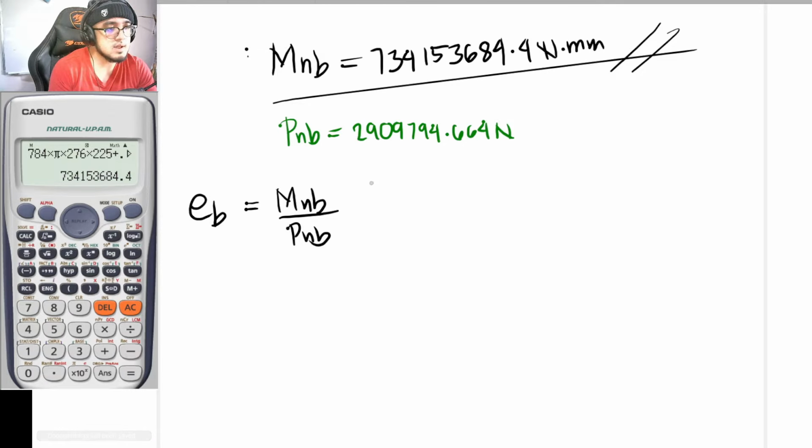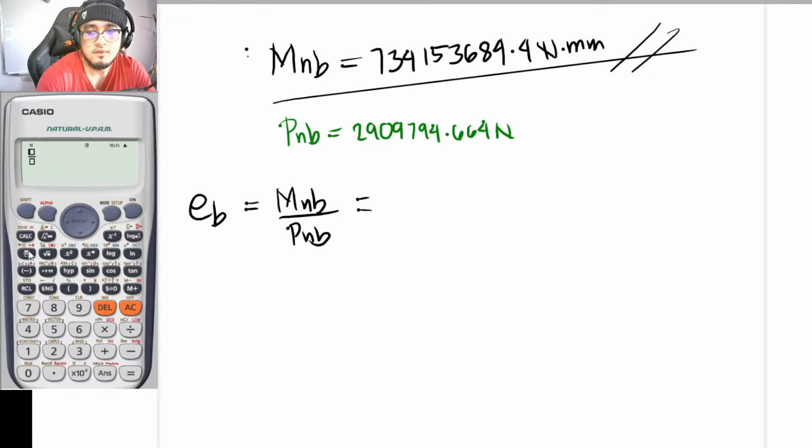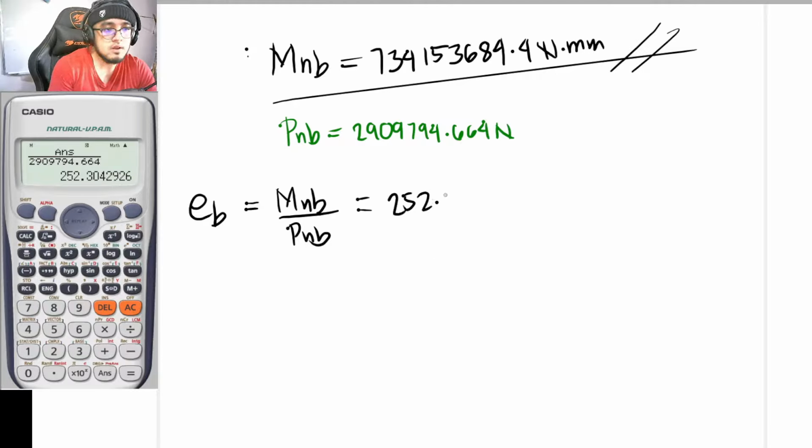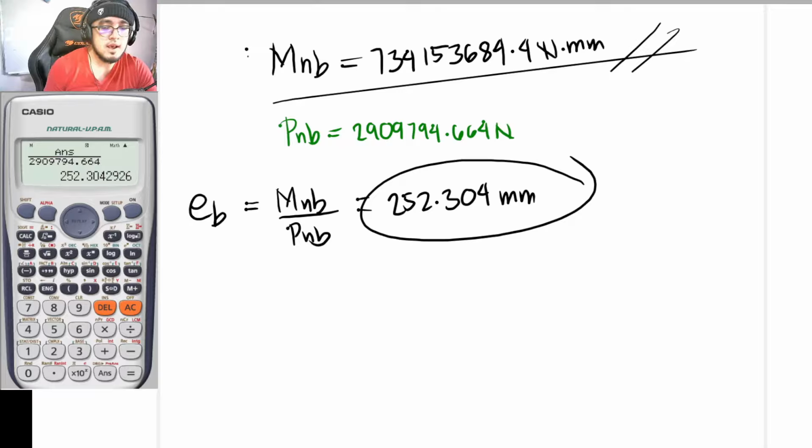Using these answers, looking at the calculator to your left, this is to be M_nb divided by 2909.794.664, which is P_nb. And my answer here is to be 252.304 millimeters. So this is to be the balanced eccentricity.